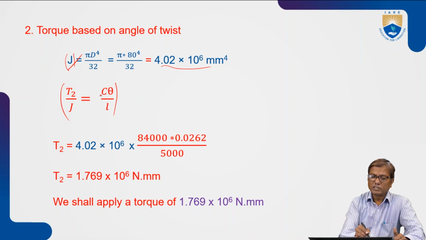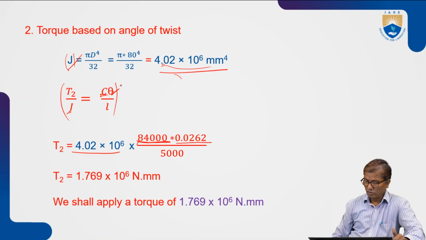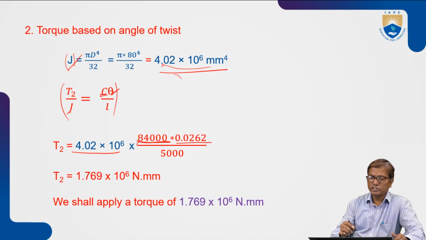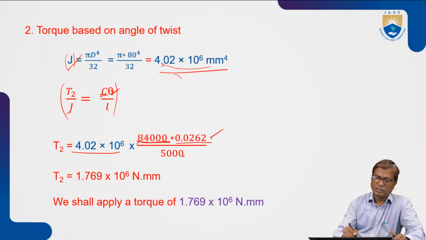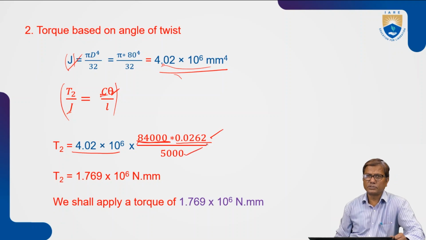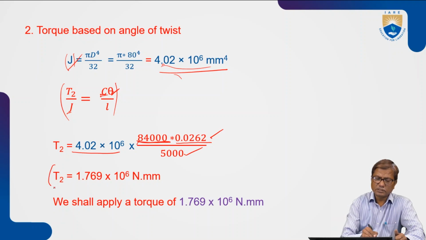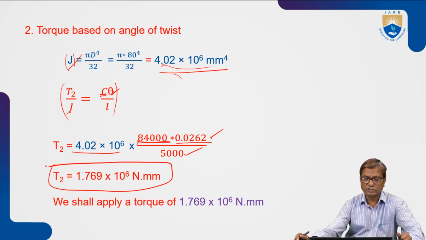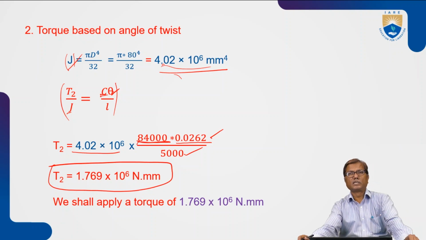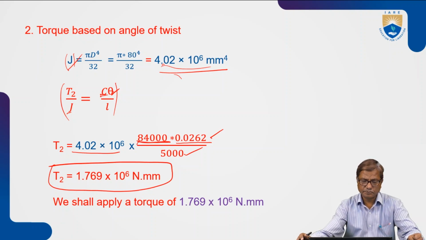J is 4.02 into 10 power 6 and C is 84 into 10 cube Newton per mm square, and angle of twist 1.5 degrees, which is expressed in radians as 0.0262, and length in millimeters 5000. So T2 is 1.769 into 10 power 6 Newton millimeters.